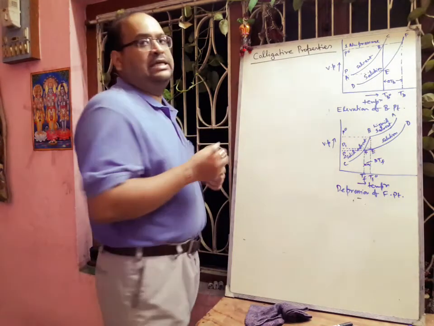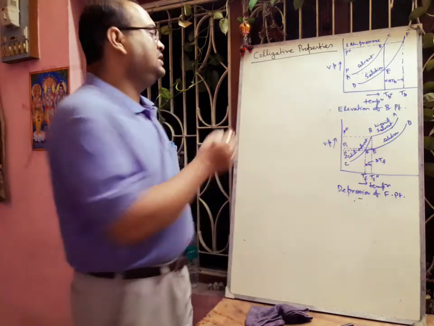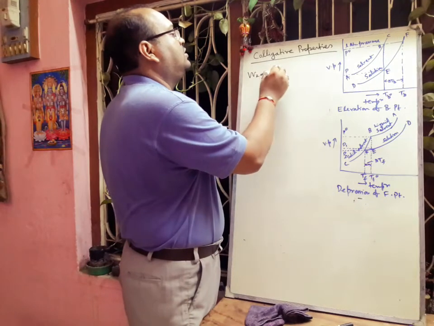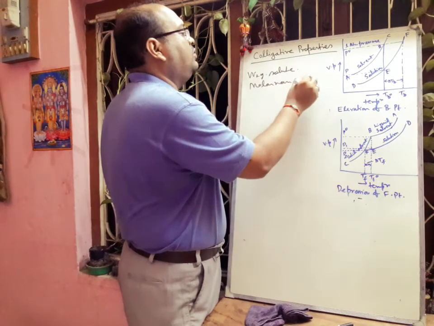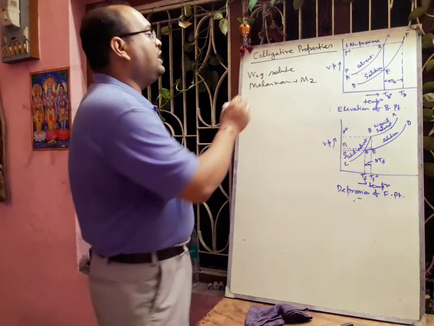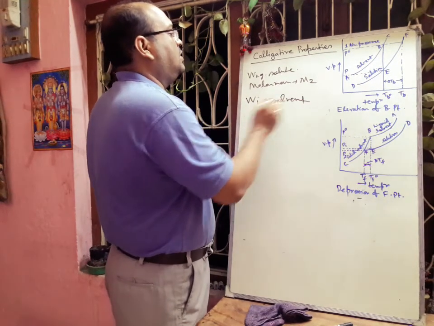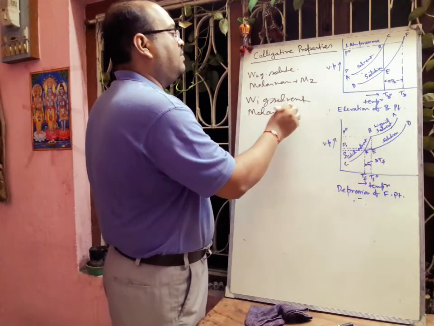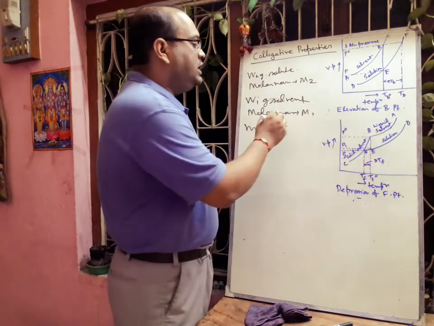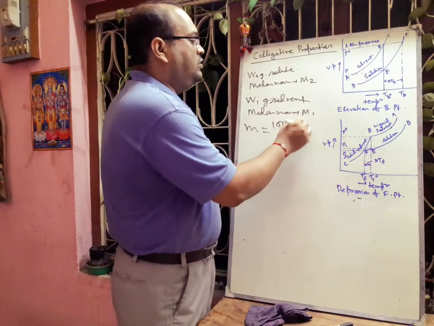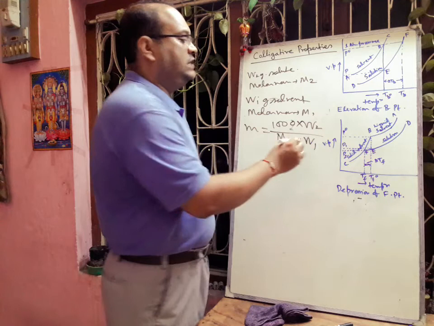We already discussed that if W2 gram of solute having molar mass M2 is dissolved in W1 gram of solvent of molar mass M1, then we can write the molarity m is equal to 1000 into W2 divided by M2 into W1. That you have to remember.